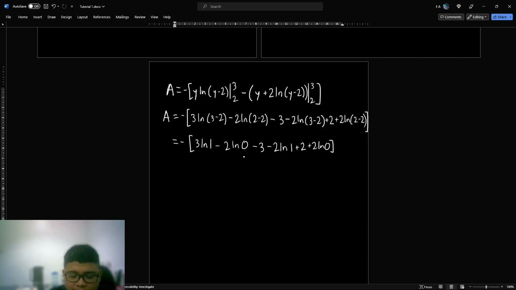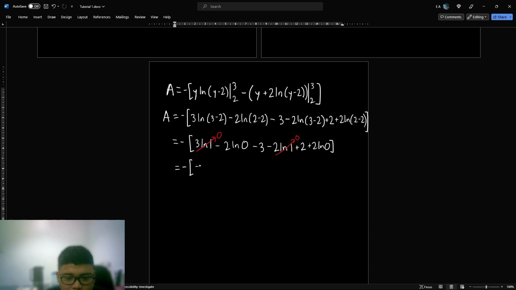As you can see here, ln 0 cannot be solved using regular algebra, since ln 0 is actually negative infinity, or the limit as x approaches 0 of ln x is negative infinity. So we actually have an indeterminate term here. But let's first cancel out all the ln 1s, since all the ln 1s are just equal to 0.